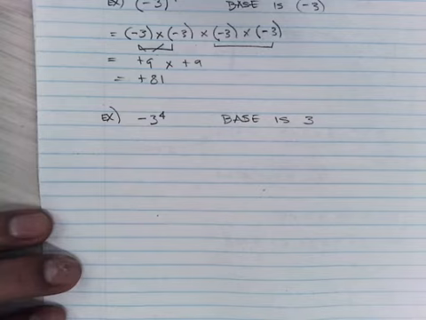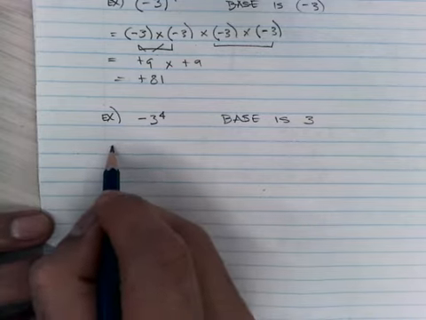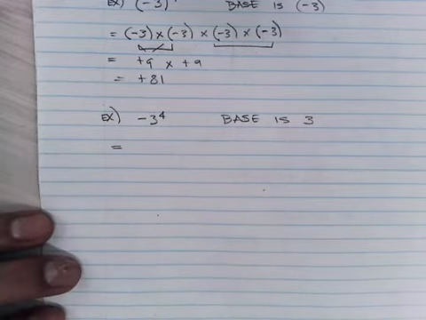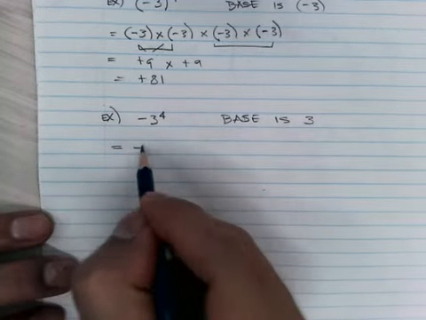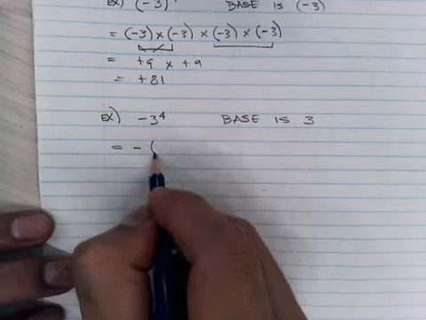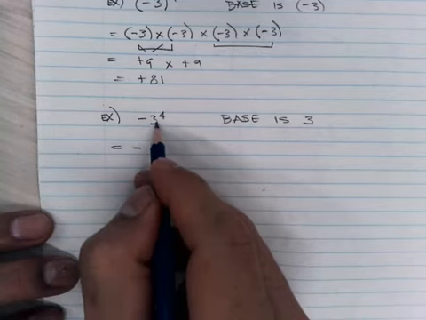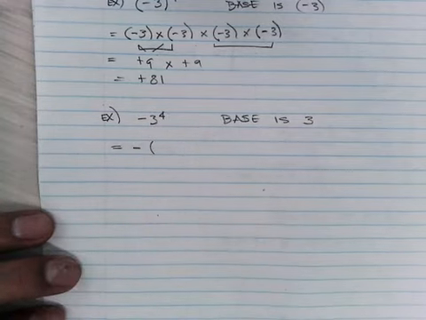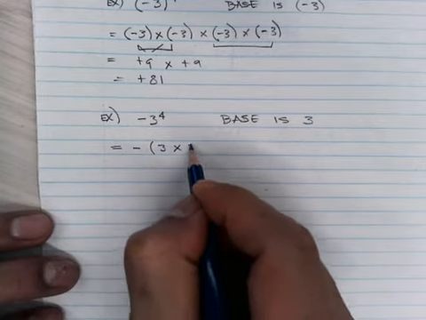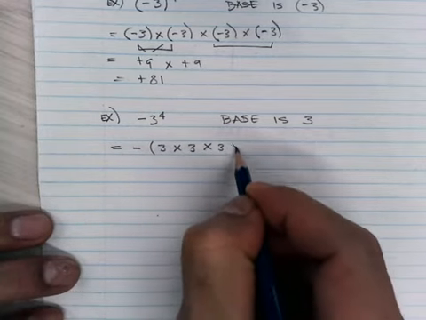Okay. So let's say if you want to write this out as a repeated multiplication, this is what it's going to look like. The negative is going to be sitting by itself outside. In the meantime, you're going to take this 3 and you're going to multiply it to itself 4 times, like so.